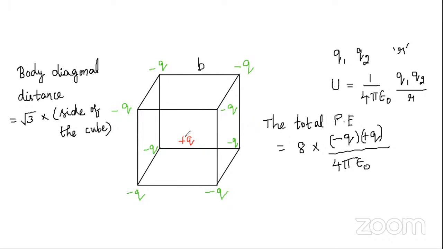So the distance between this plus q and this minus q will be half of the body diagonal distance. So here you need to substitute for R, the distance between the 2 charges. That means half of the body diagonal distance is there between 1 plus q and 1 minus q. So the half of the body diagonal distance is 1 by 2 into root 3 into side of the cube, here b.